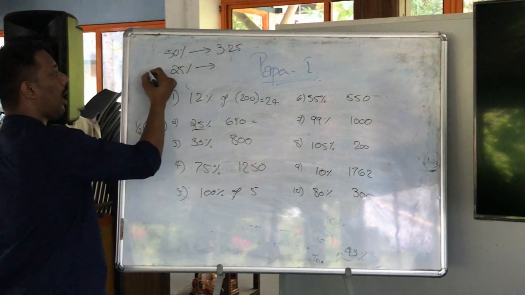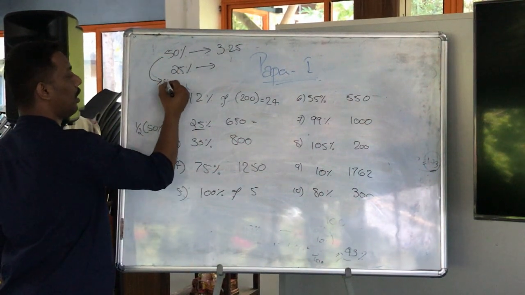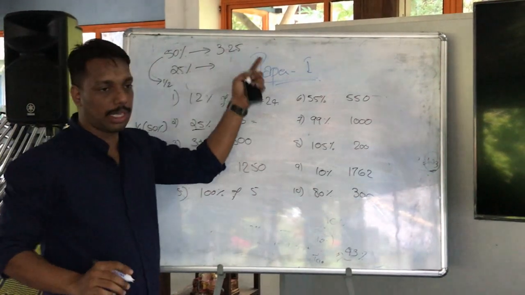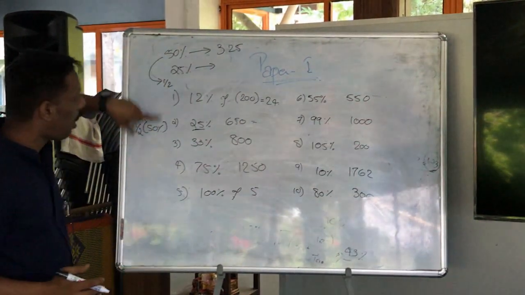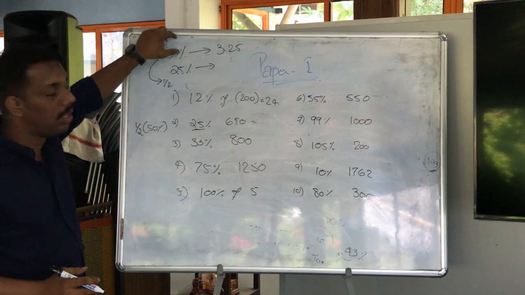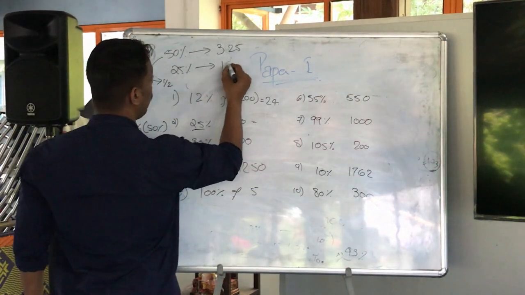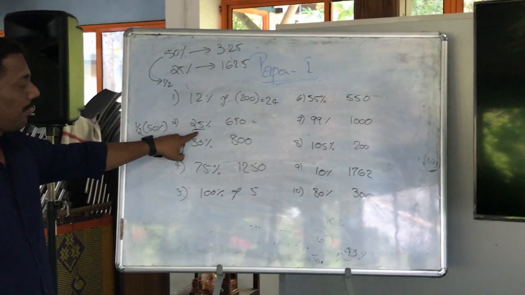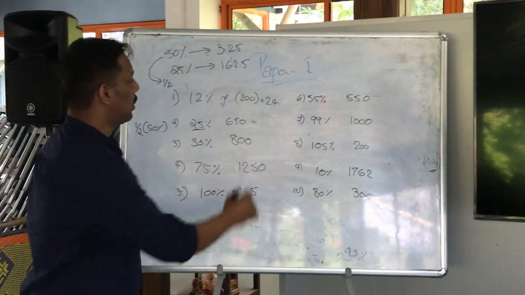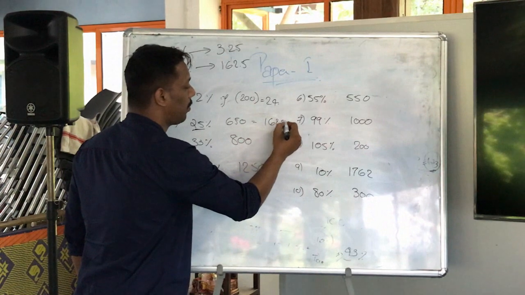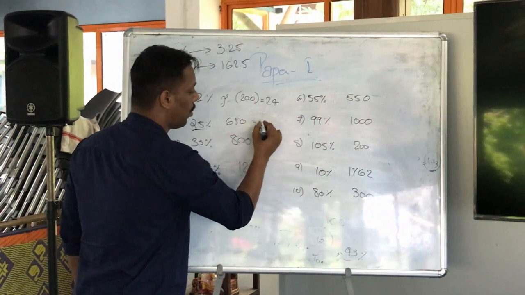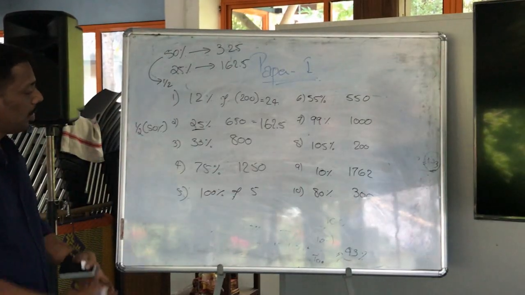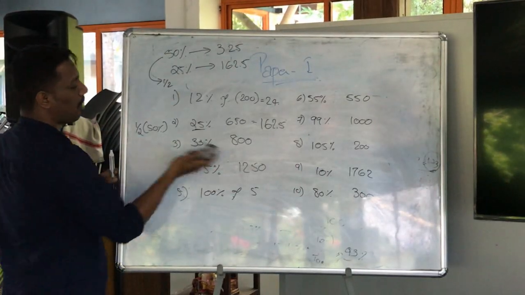Which means half of this. If 50 percentage is 325, then half of it is 162.5. So 25 percentage of 650 is 162.5. What is 33 percentage of 800?